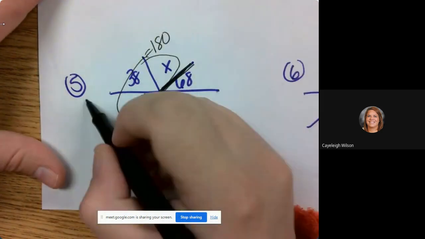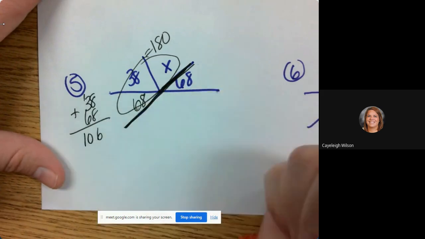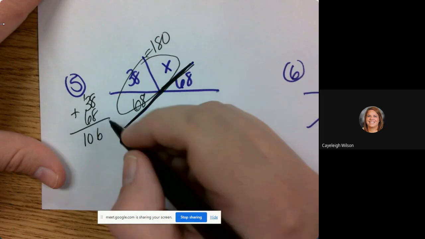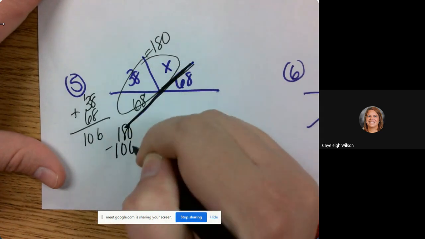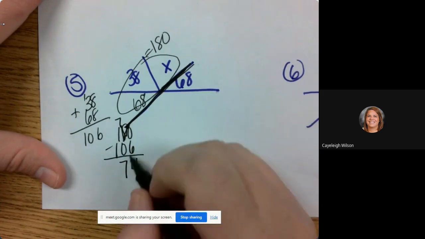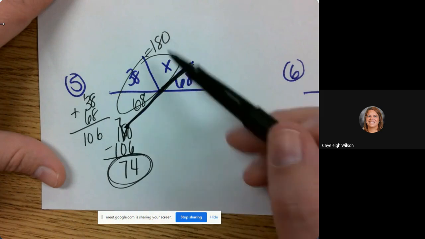So 38 plus 68 is 106. And then to find that missing angle, I'll do 180 minus the 106. So that's 74. And 68 plus 38 plus 74 is 180.